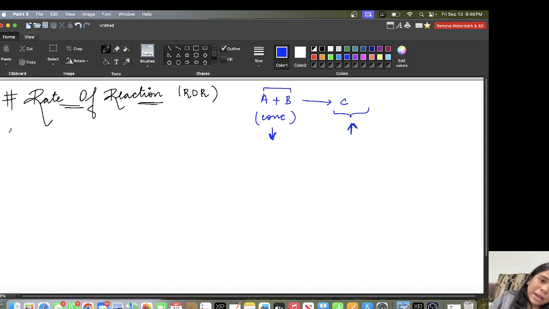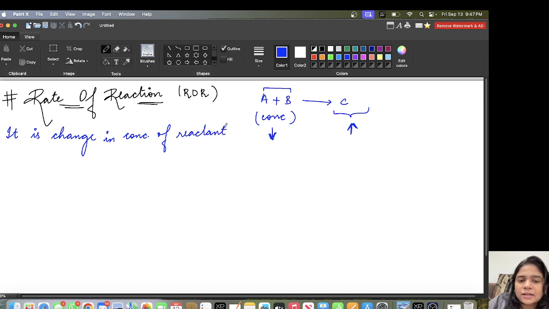By definition, it is the change in concentration of reactant or your product with respect to time. How much change has happened with respect to time, that is called your rate of reaction.